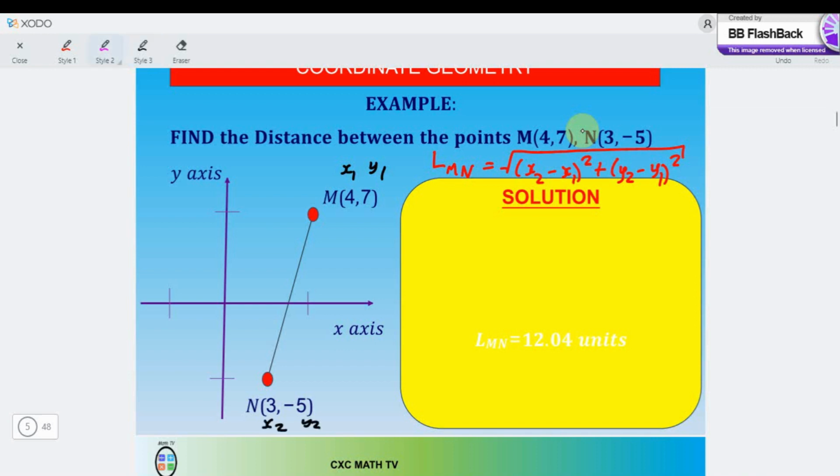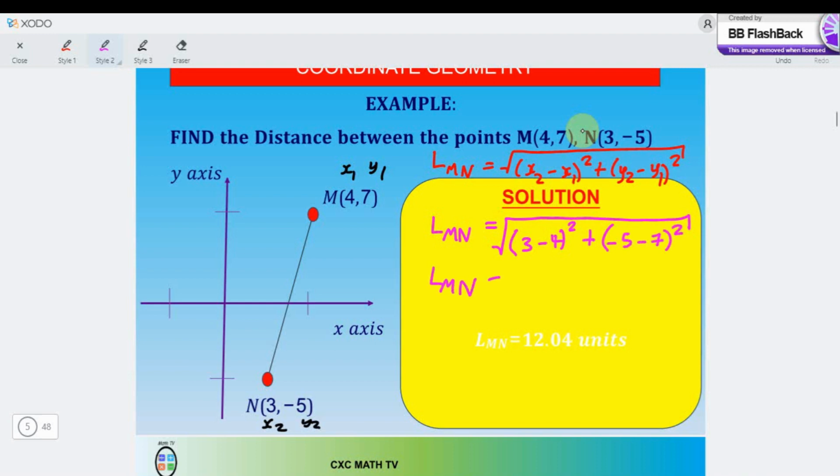So in that case now, the distance L, the distance from M to N, is the square root of your x2, which is 3, so 3 minus 4 squared plus y2, which is negative 5, minus 7 squared.